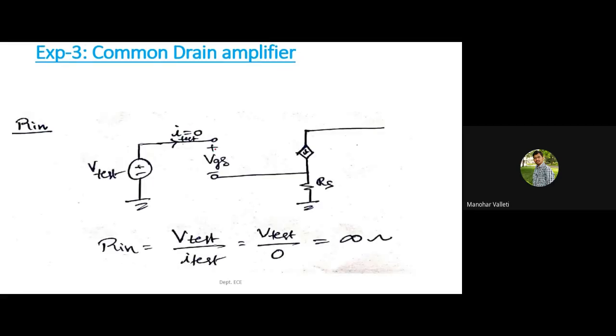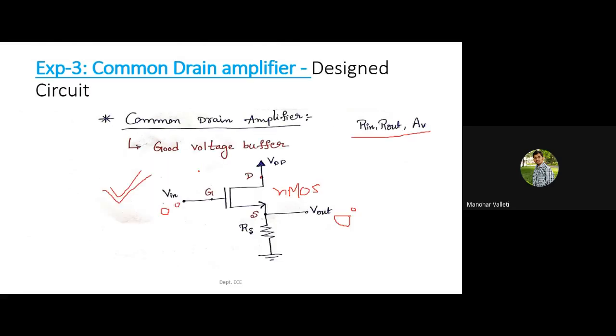So if you replace the transistor with its equivalent model, the transistor equivalent model is this, right? VGS, neglecting drain resistance RD, so this is gm VGS, right?